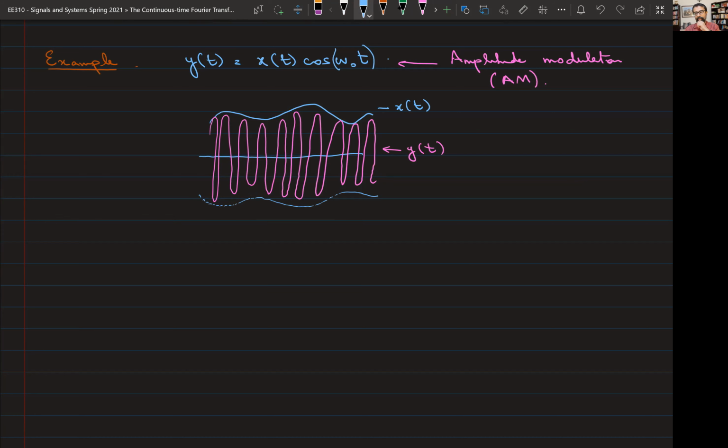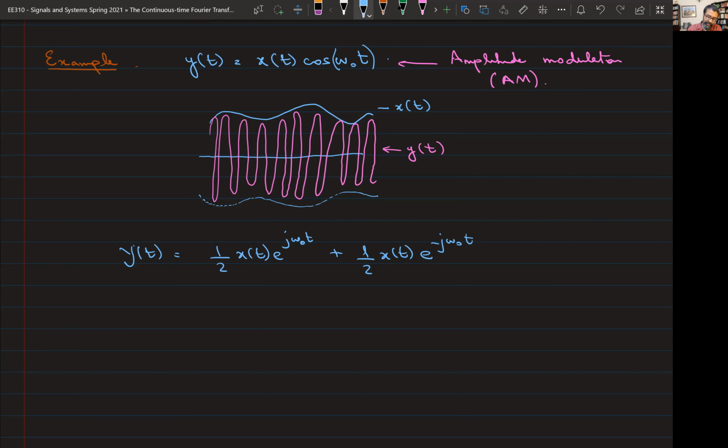But what's interesting is what happens in the frequency domain. If I just apply Euler's identity, y of t is half x of t e raised to power j omega naught t plus half x of t e raised to power minus j omega naught t.